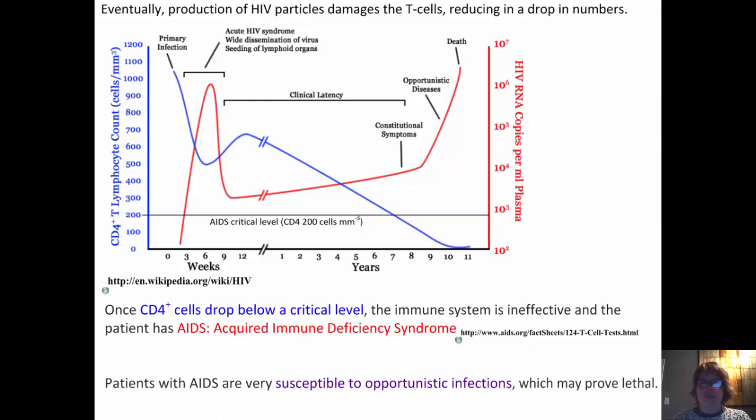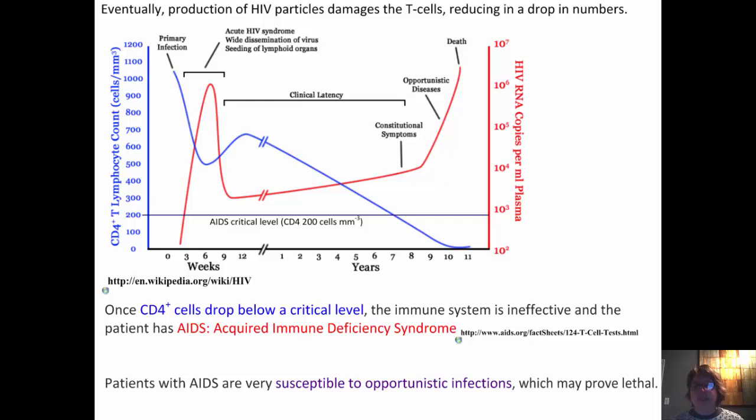Once your CD4 T lymphocytes get below that 200 cells, then you're going to start to have symptoms, and then we say that the patient's immune system is now ineffective. Now you're not just dealing with the HIV particles, but now you have a syndrome that we refer to as AIDS, or the acquired immune deficiency syndrome.